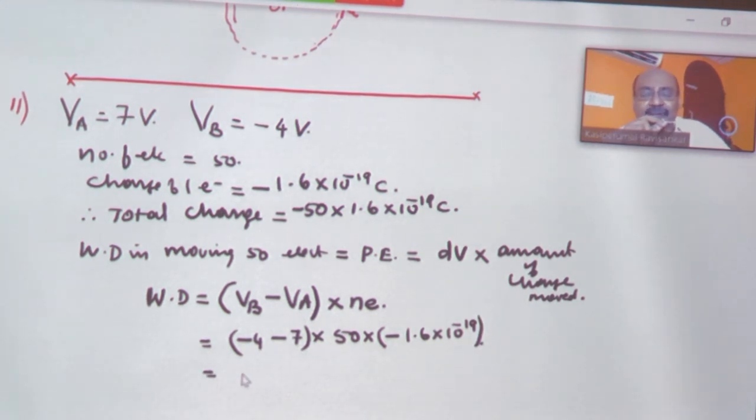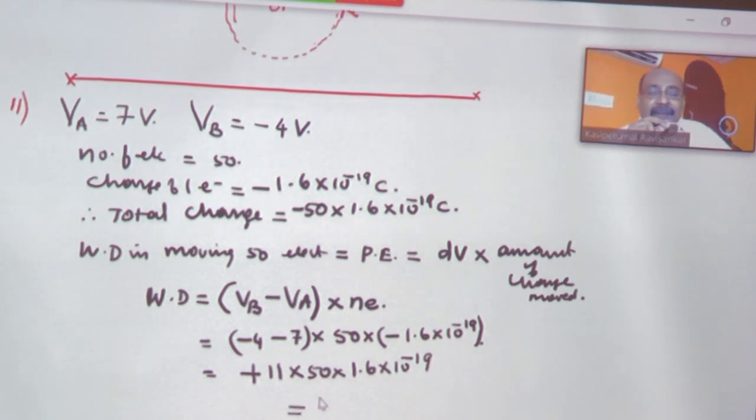Multiplying, minus 4 minus 7 is minus 11, into 50, into minus 1.6 into 10 to the power of minus 19; minus times minus becomes plus. You get 880 into 10 to the power of minus 19 joule, or you can write it as 8.8 into 10 to the power of minus 17 joule.